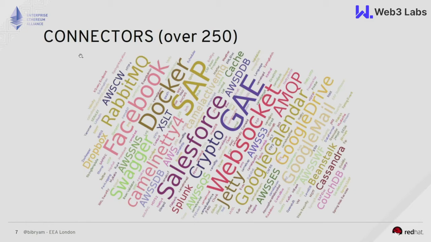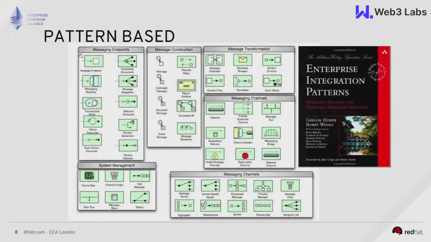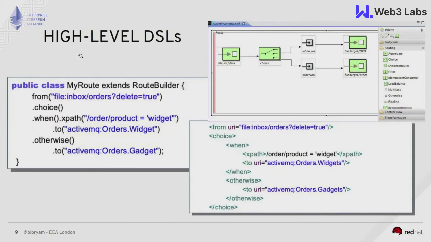There are over 200 right now. It is basically an implementation of the book Enterprise Integration Patterns, which describes patterns such as filters, content-based router, splitter, aggregator. Basically, Camel provides these patterns out of the box. And it has a DSL that combines the connectors with the patterns.